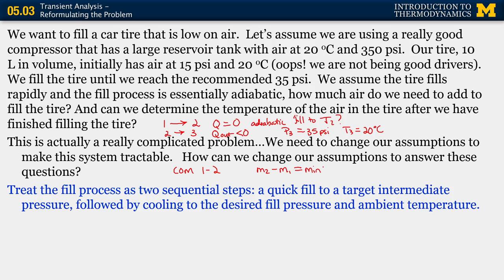Okay, that's the conservation of mass. The conservation of energy is also exactly the same as what we had before. It's adiabatic, so the change in internal energy is balanced by the enthalpy associated with the air entering the system. So we had this expression.